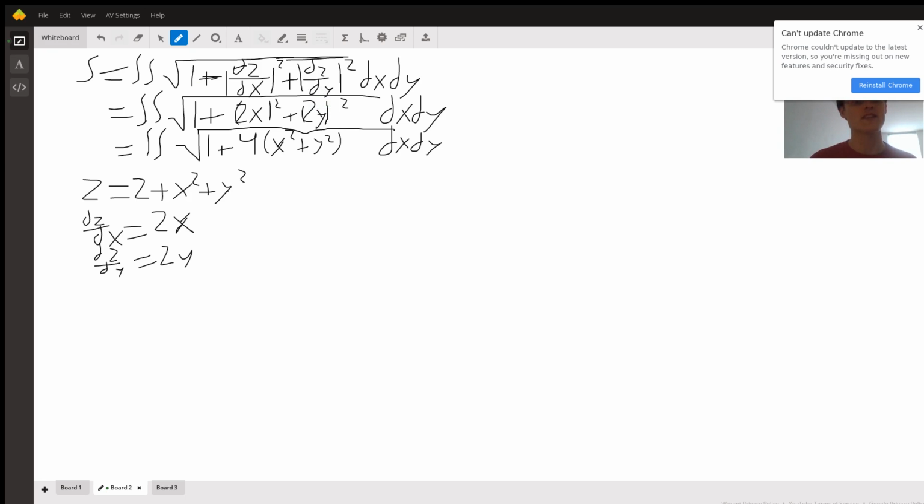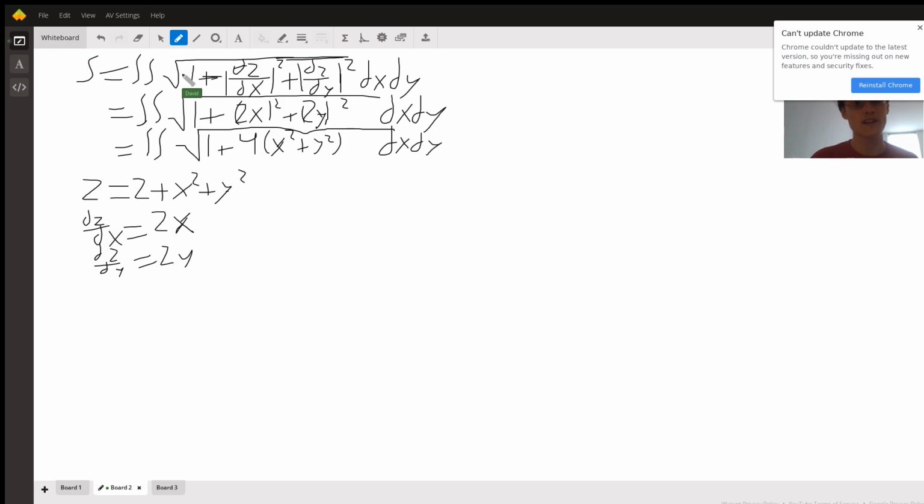That is, if z were a constant function of x and y, like z equals 3 or something like that, it would just be a flat plane parallel to the xy plane, right? In that case, clearly, the surface area above any region is the same. It just shoots right up, right? For z equals 3, the surface area is the same as the corresponding area in the xy plane.